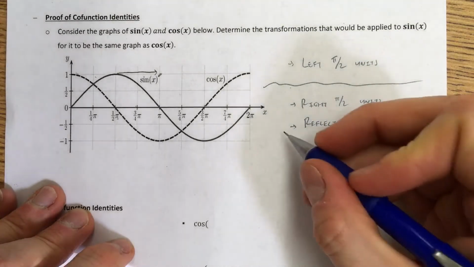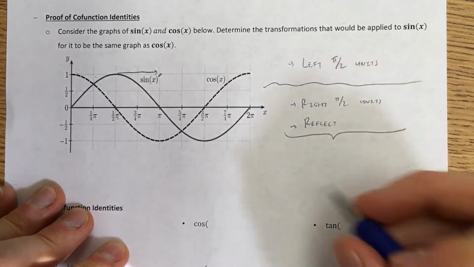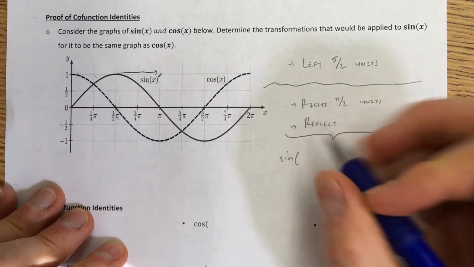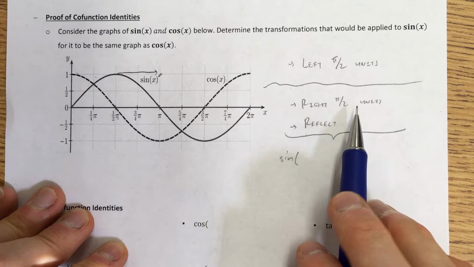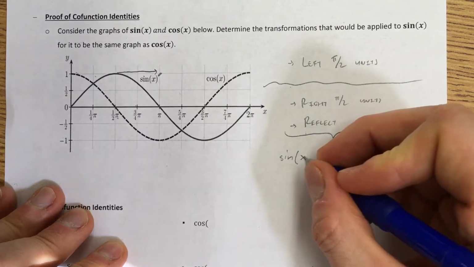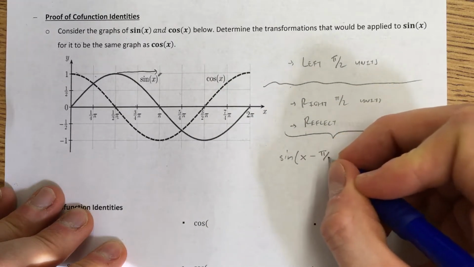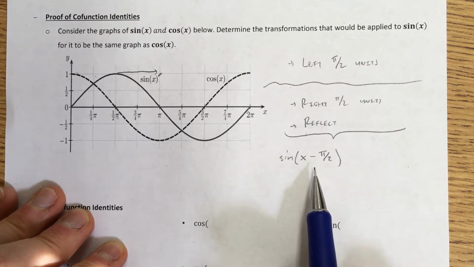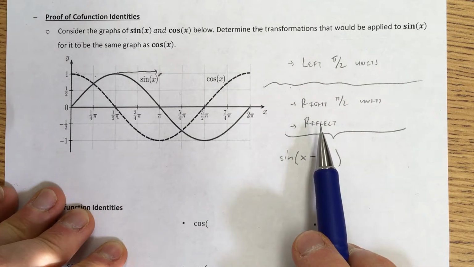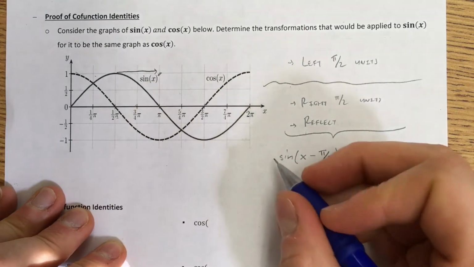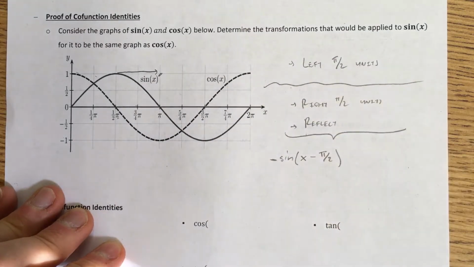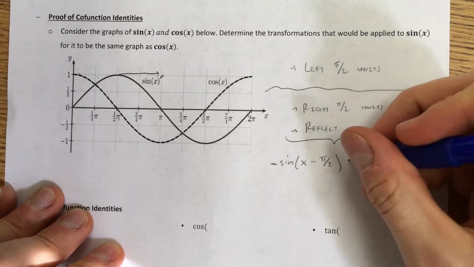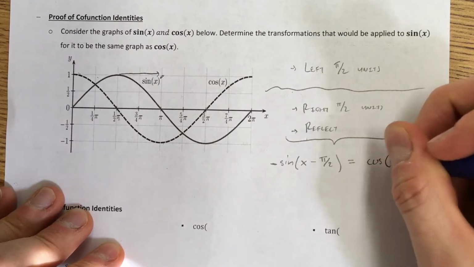And so what we talked about is, let's write this function. If I have sine, if I want to move to the right pi over 2 units, then that would be x minus pi over 2, because if I'm moving to the right pi over 2, then I would subtract inside the function. If I wanted to reflect across the x-axis, the negative would be here. And if I did that, I would end up with the cosine parent function.